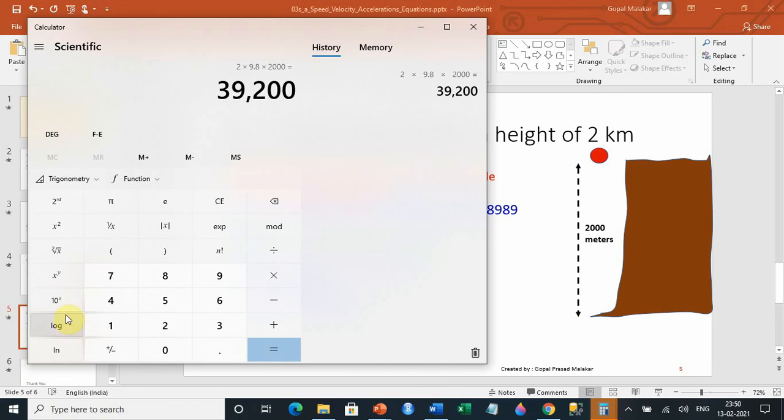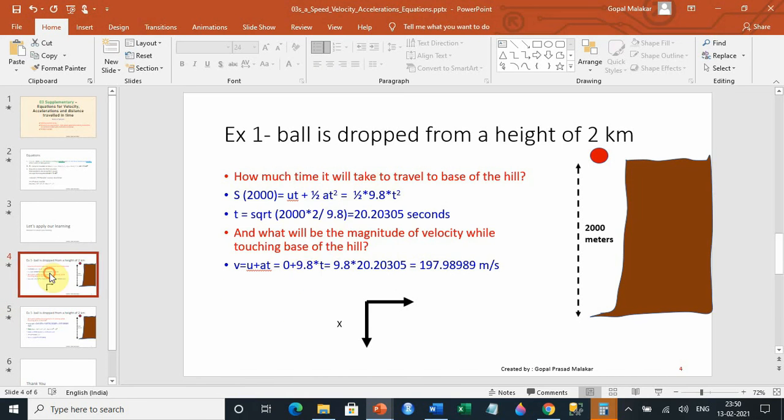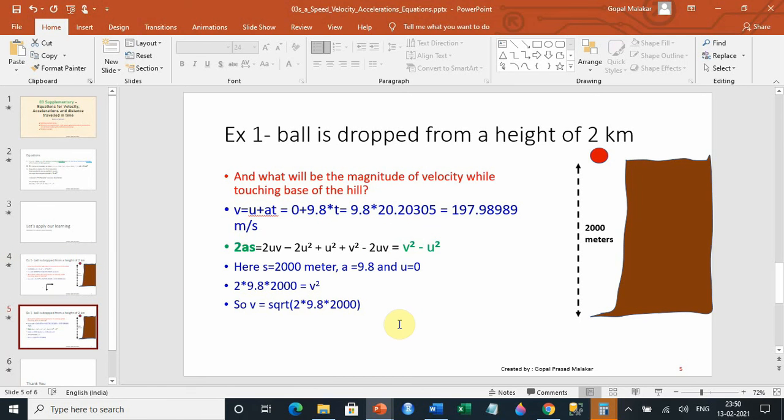Take the square root of that. That is giving you 197.9898. Look at this, it is what we had got earlier. So in one go only you got this value, which otherwise required two steps, first getting t and then calculating v. So here in one go you can calculate that, and that's how at times this particular equation helps.